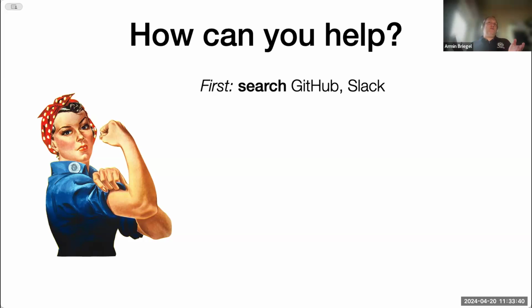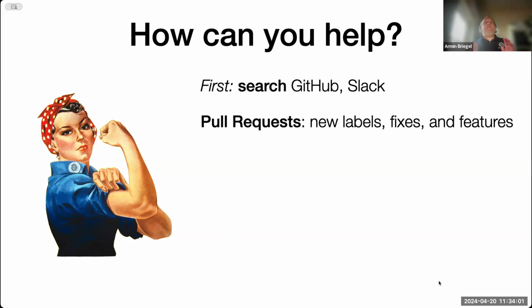But before you talk about it and ask questions, maybe search the GitHub first. If somebody has already filed a pull request or an issue, search the Slack. Somebody might have asked that just an hour or two before. Just search before you ask a question. I think that's generally a good tip.